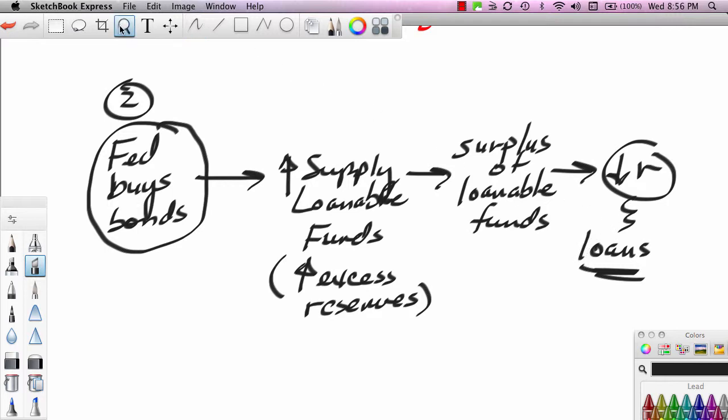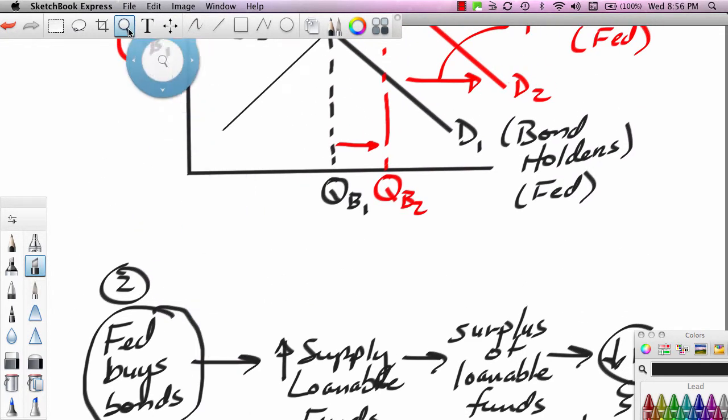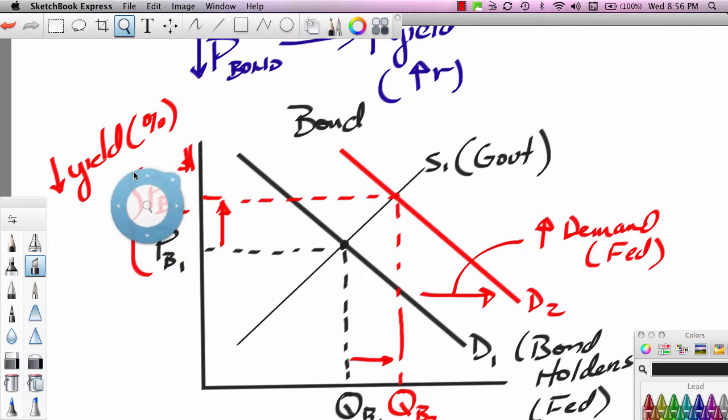Loans are going to get cheaper because there are more liquid funds in the banking system. Just like up top, the Fed's action pushed down bond yields. And by pushing down bond yields, it's now cheaper to issue bonds. If yields on existing bonds are lower, then it's going to be cheaper for people to issue new bonds.